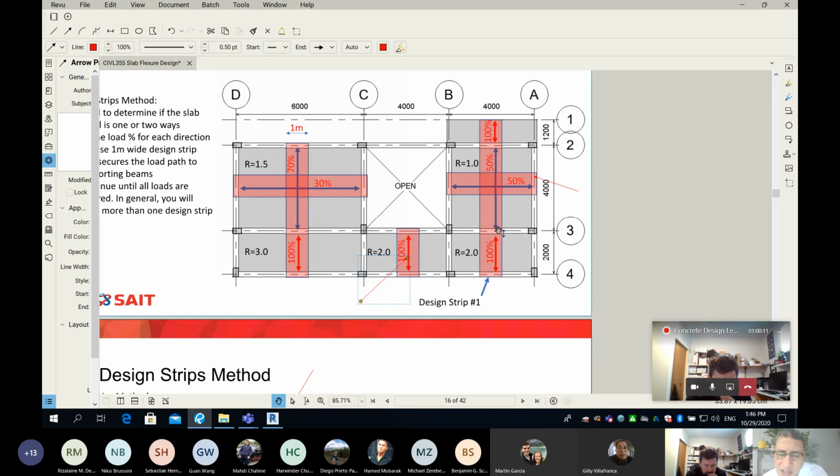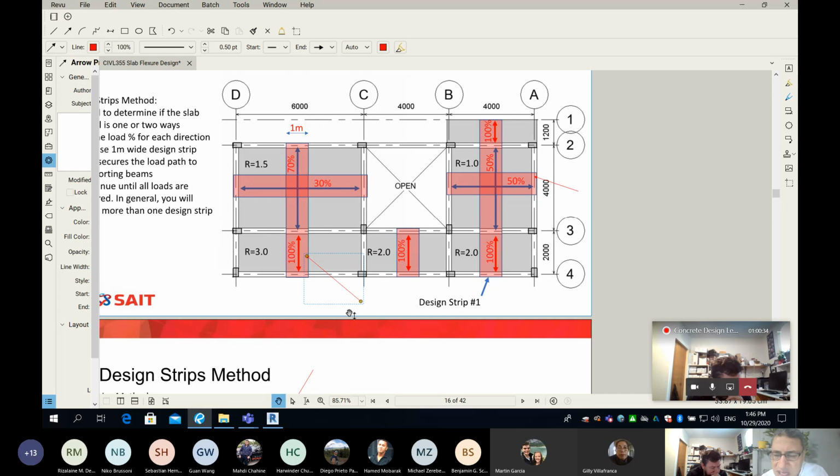So the idea is, guys, every time you see a load path, you must secure it by a design strip. The design strip can sometimes be simple and sometimes continuous. In this example, let me ask you guys, this design strip here, can you talk about the statical system or structural system?